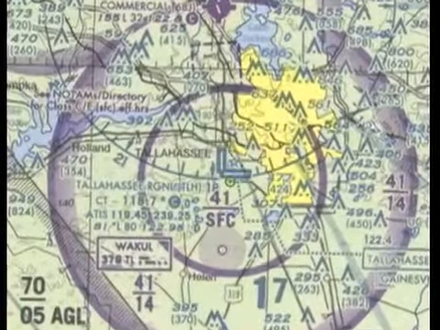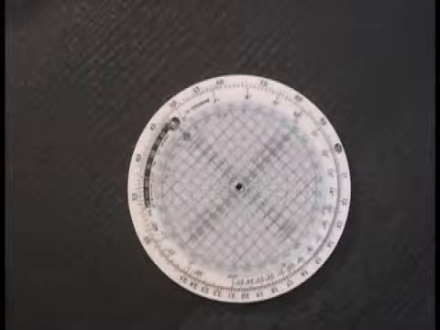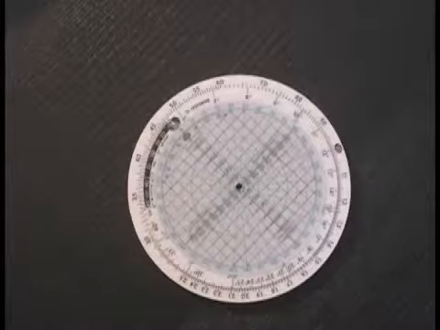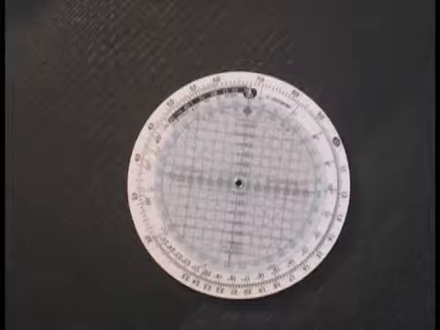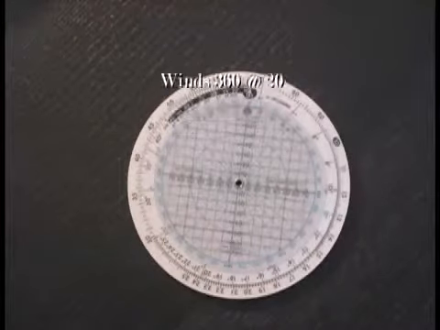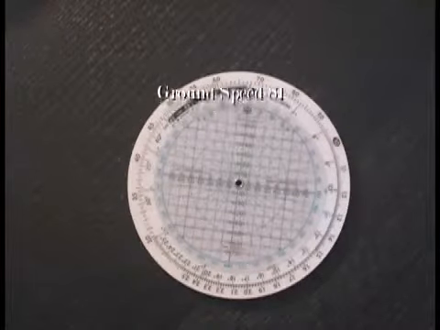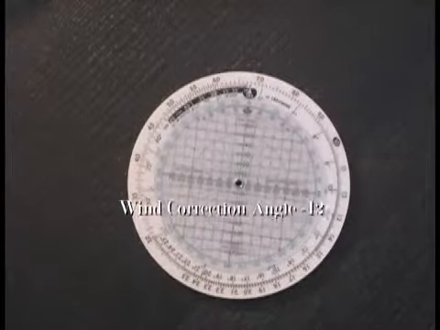The weather in Tallahassee is clear and 10. After following our flight plan, we learned that the winds aloft at our altitude are 360 at 20. Now, using our E6B, or in our case a CR5, we plot our true course of 068 and our winds of 360 at 20. We figure out we'll have a ground speed of 81 knots and a wind correction angle of -12.